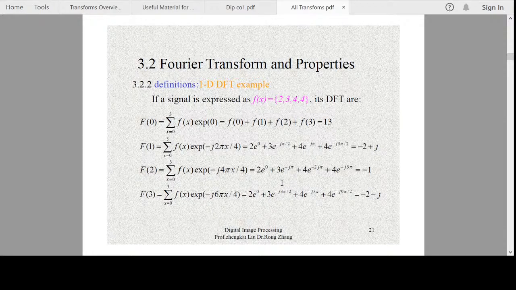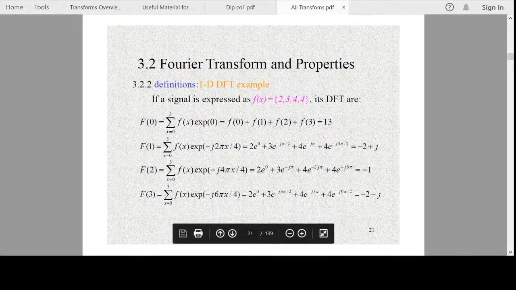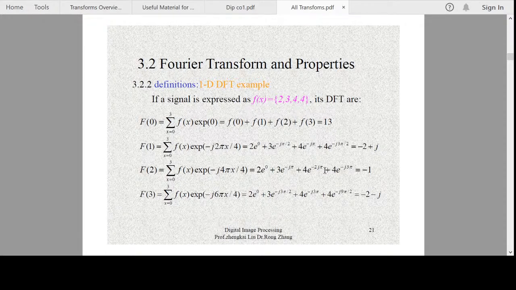This is an example. There is a signal which is expressed as f of x, and its values are 2, 3, 4, 4.